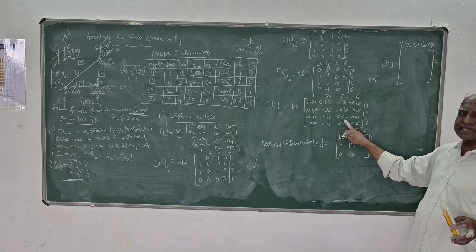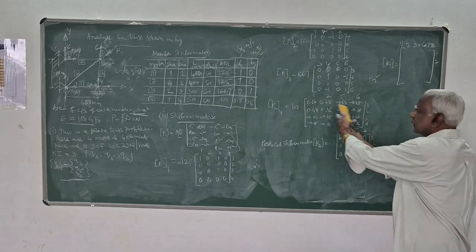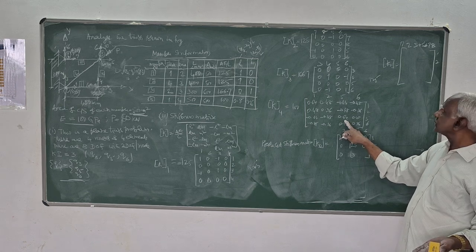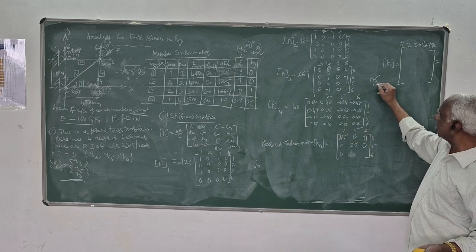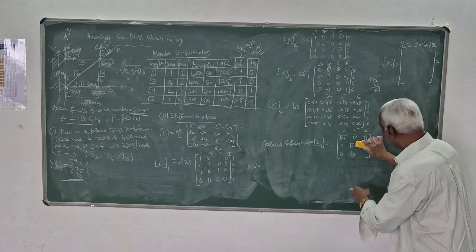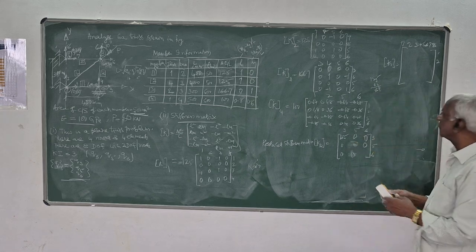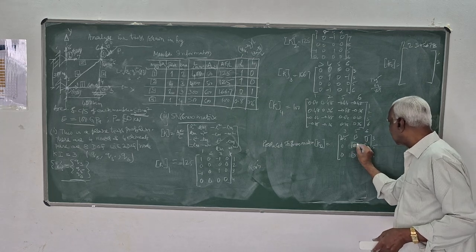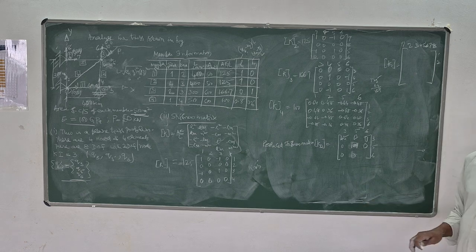Here 5, 5 is there. 0.64 into 100. That is 64. I have to add it. 189. 125 plus 64 is 189.